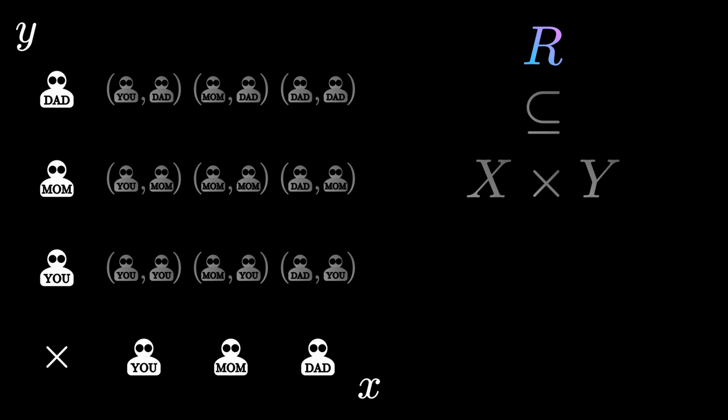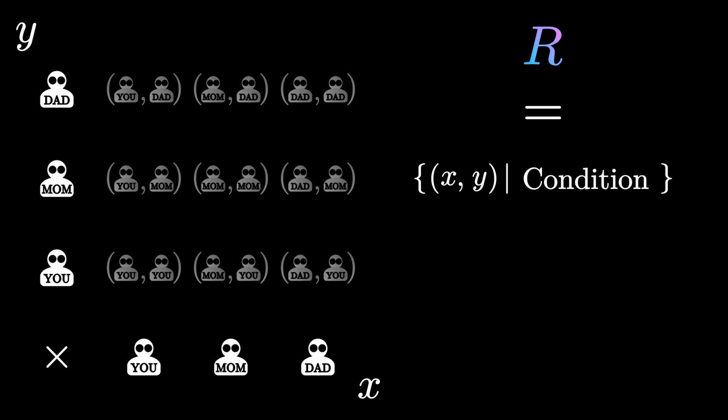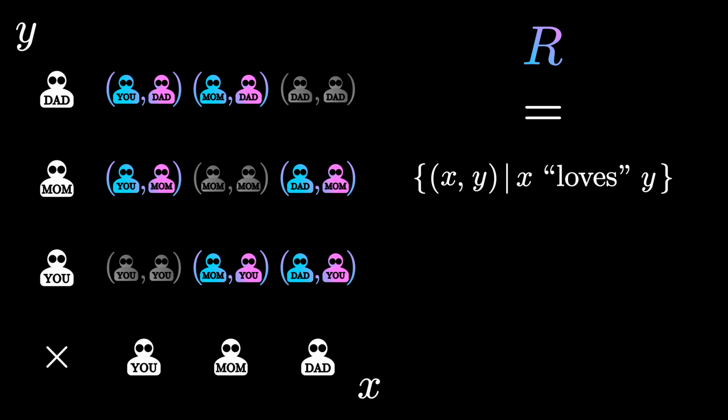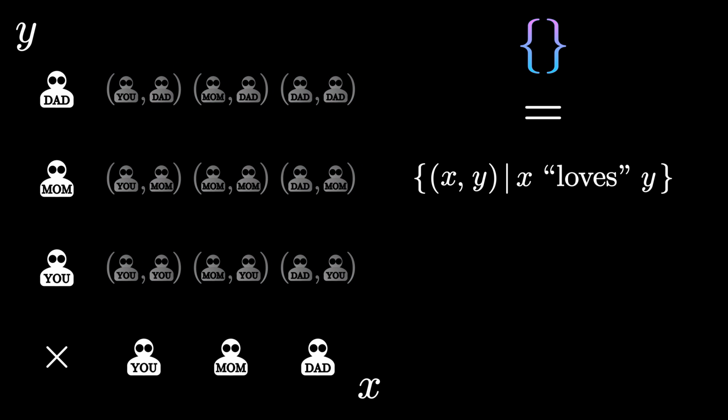In other words, only those pairs x-y that fulfill a certain condition, such as x loves y. So, if your mom loves you, then this pair is an element of the relation. A happy family could then look like this. If everyone also loves themselves, then we might have a super happy family. If the relation corresponds to the empty set, then the family is probably not very happy.